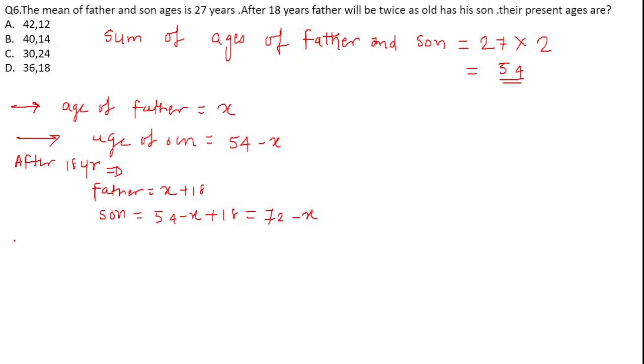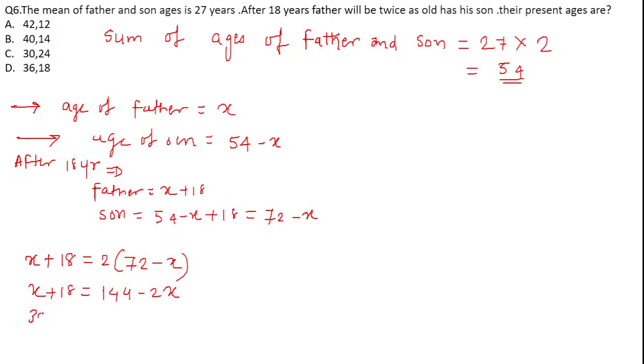Now according to the question, they have said that after 18 years father will be twice as old as his son. So we can write it down as father's age x plus 18 equals 2 multiplied by 72 minus x, because father's age is twice. Now we have to solve this equation. x plus 18 equals 144 minus 2x.